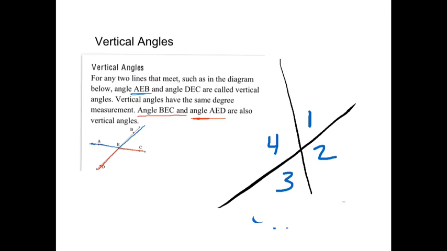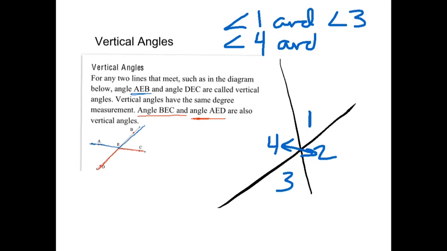So keep that in mind. Angle 1 and angle 3. And the other vertical angles, the opposite here, are 4 and 2. Angle 4 and angle 2. Okay, so that's vertical angles. Real quickly, we'll talk about it more in class.